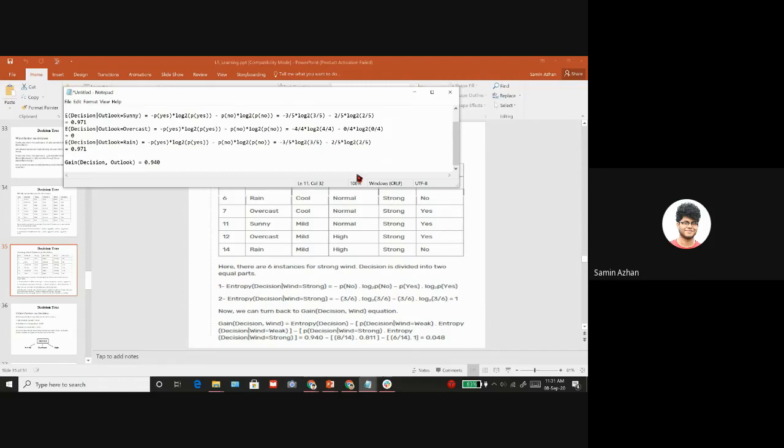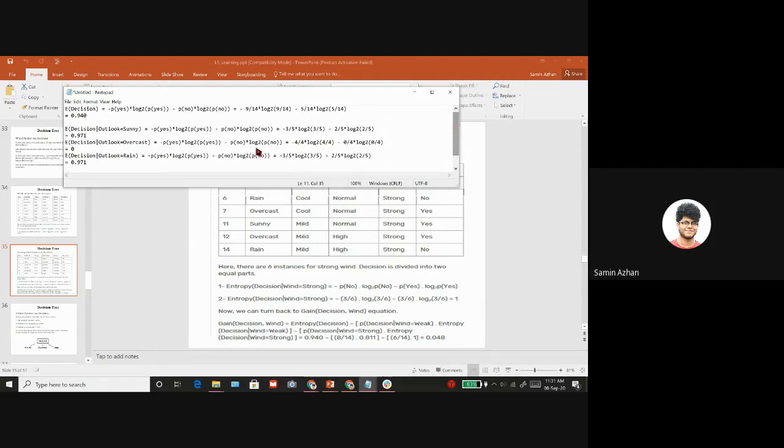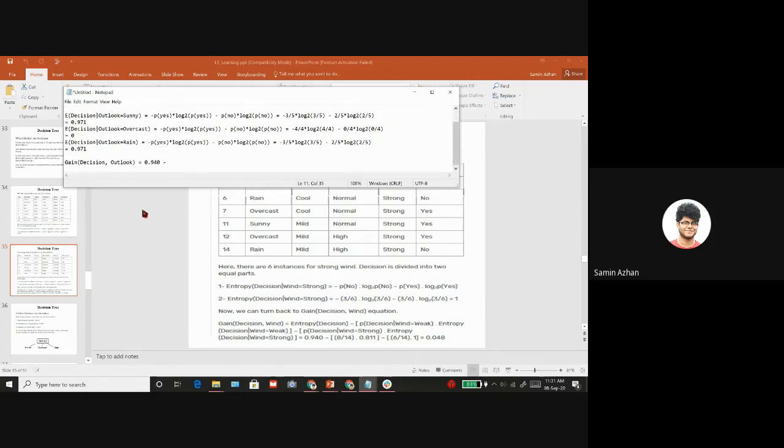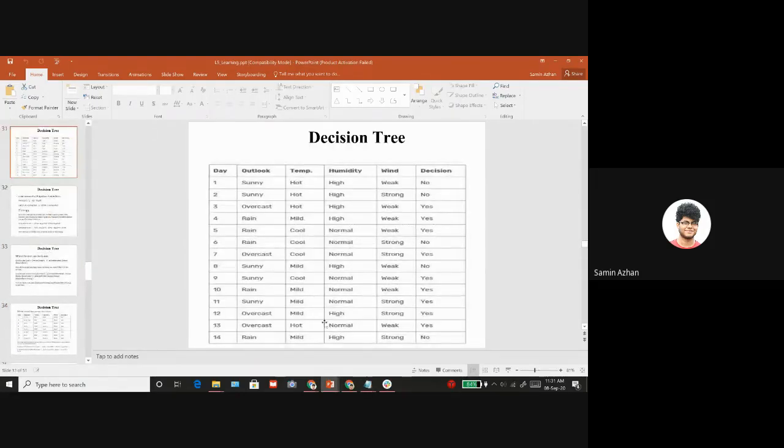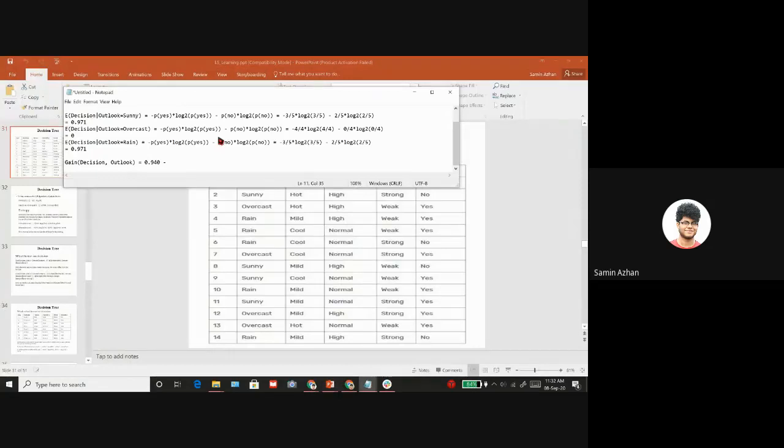Then subtract from that, first we have to calculate the probability of decision while outlook equals sunny. How can we do that? We go back to our table. Here we see sunny. There are 1, 2, 3, 4, 5. There are 5 possible sunnies out of 14. So the probability of outlook equal to sunny should be 5 divided by 14.